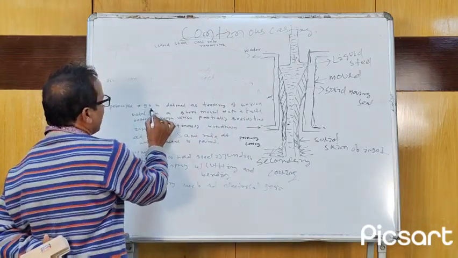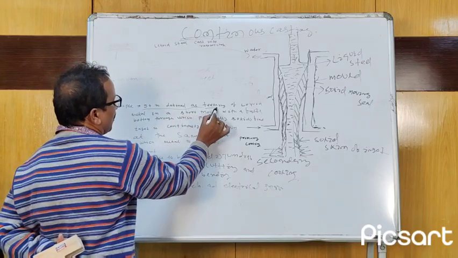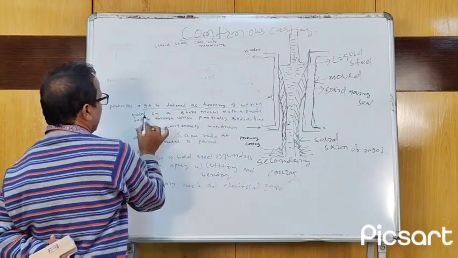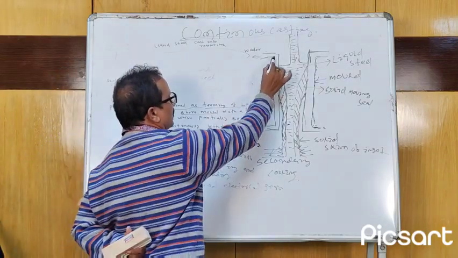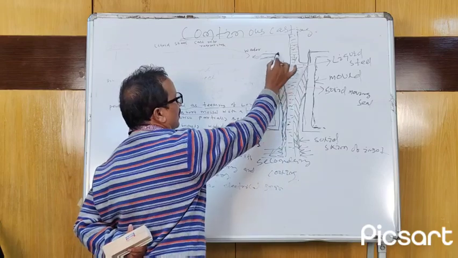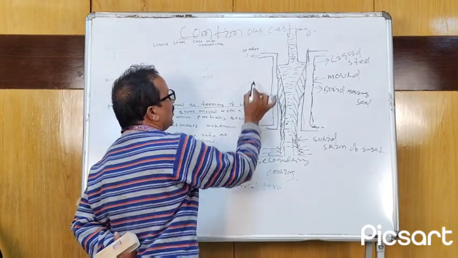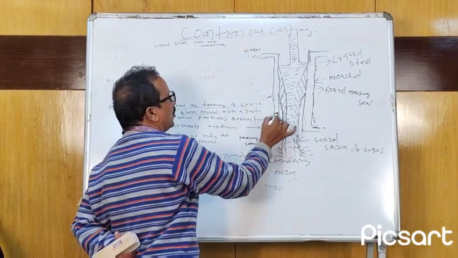The principle is defined as pouring of liquid metal into a short mold. This is the mold, a very small, short mold, and here water is injected at the sides for cooling purposes.